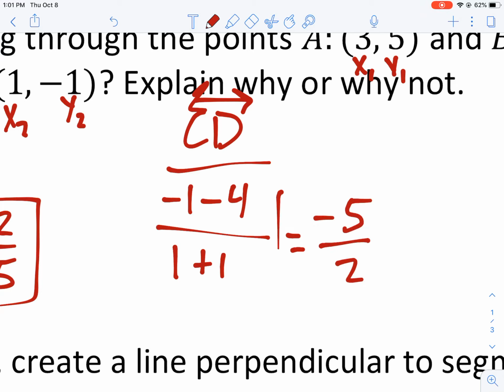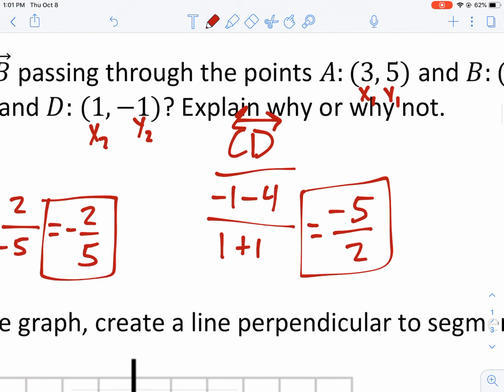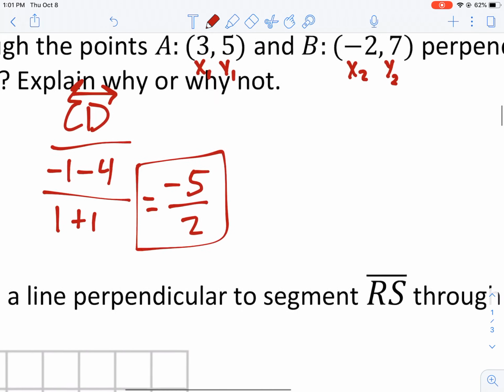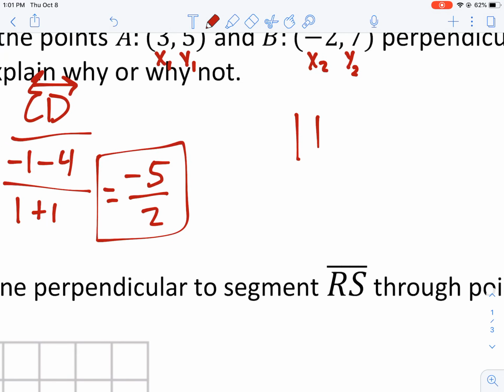So this is -5 over 2. So are they perpendicular? Oh, they're so close, right? But they're actually not, because they're both negative, okay? They only would be perpendicular if one of the two was positive. So unfortunately, we have to say no for this one, all right? Because both things have to be true in order for them to be perpendicular.